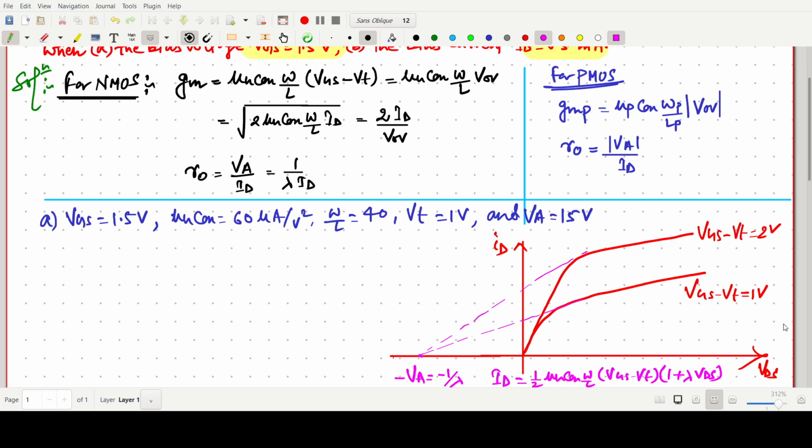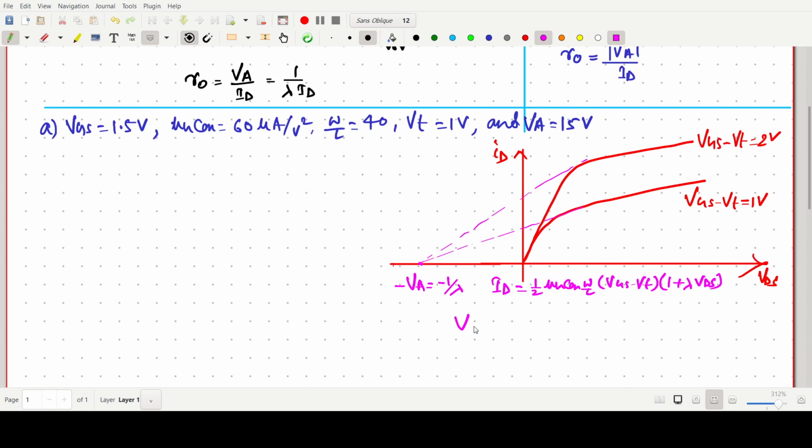When ID is 0, drain current is 0, then VDS equals minus 1 by lambda. This point you also call your VA point, the process parameter. In the data sheet it will be given. So now we have to focus on the problem. These are some basics that we have to know.